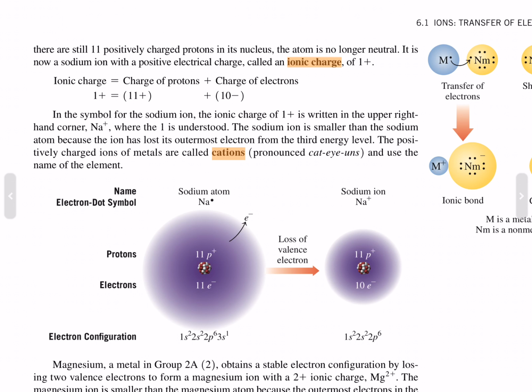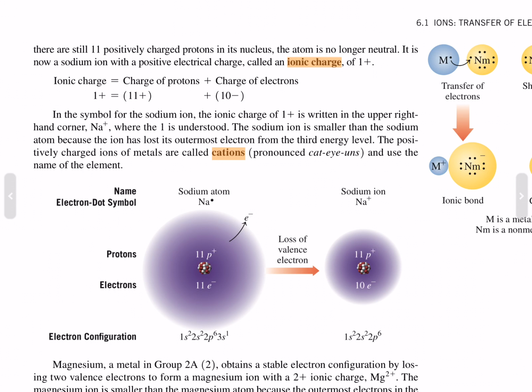It is now a sodium ion with a positive electrical charge, called an ionic charge of +1. An ionic charge is the charge of protons plus the charge of electrons. So an ionic charge of +1 has 11 positive protons, but 10 negative electrons, which added together gives you +1.